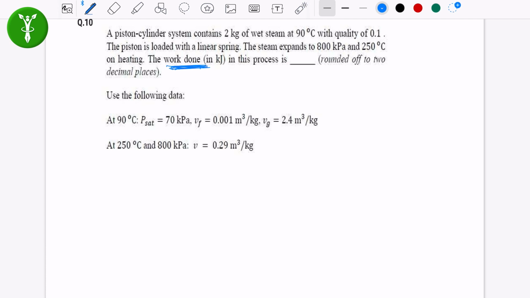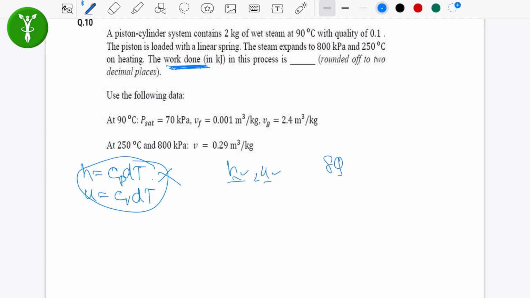For an ideal gas we can simply write dH equals Cp dT and dU equals Cv dT. But for pure substances we cannot write it like that. Here we have to see the steam table for the enthalpy and internal energy. Using enthalpy and internal energy, the first law and TdS relations, we can calculate the work done.